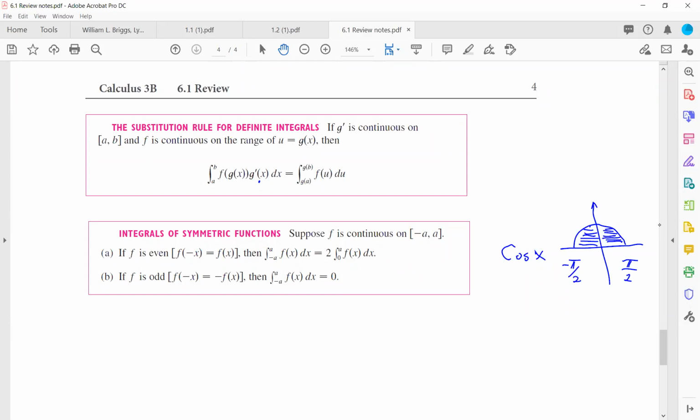So instead of taking the integral between negative pi over 2 to pi over 2, you just say, let us find the integral of the function between 0 to pi over 2 and multiply it by 2. If you have an odd function, then the integral between negative a to a is equal to 0.